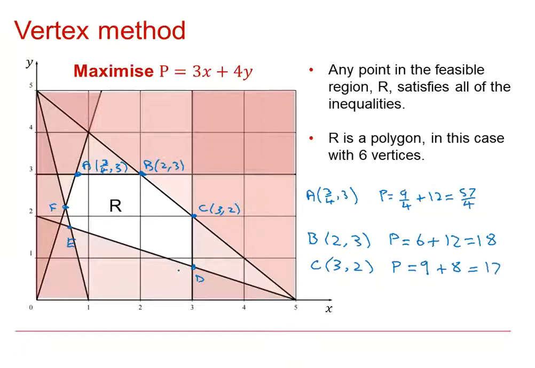Now in the exam I would carry on and do D, E and F, but for the purpose of this exercise we're trying to maximize P, and that is the biggest value of P. Therefore maximum P equals 18, and that will happen when x equals 2 and y equals 3. That is the maximum solution for this linear program.